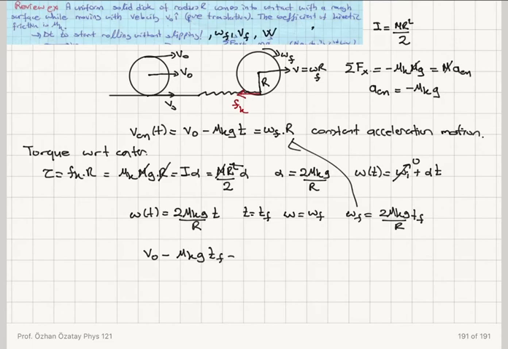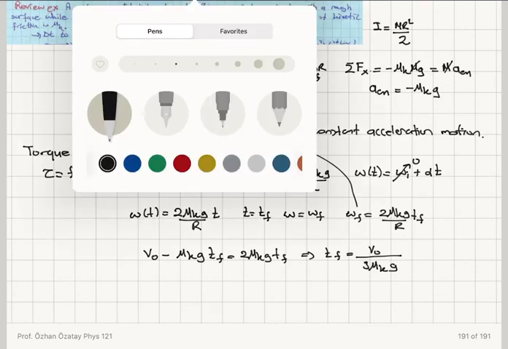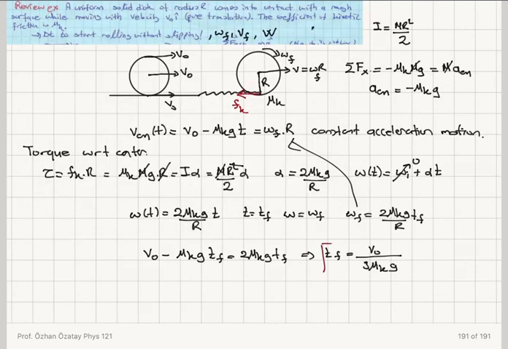So if I go back to this equation, the velocity of the center of mass will be v0 minus mu k g t final, and this will be 2 mu k g t final, so that t final is v0 divided by 3 mu k g. So the time it takes for it to start rolling without slipping is v0 divided by 3 mu k g.